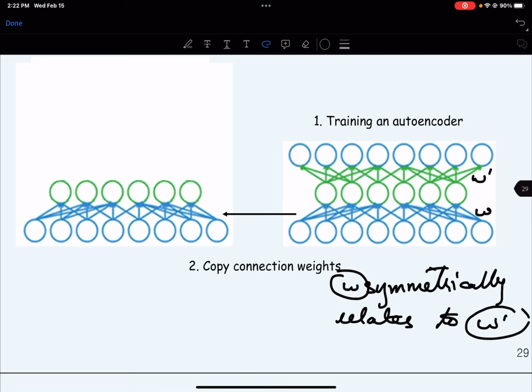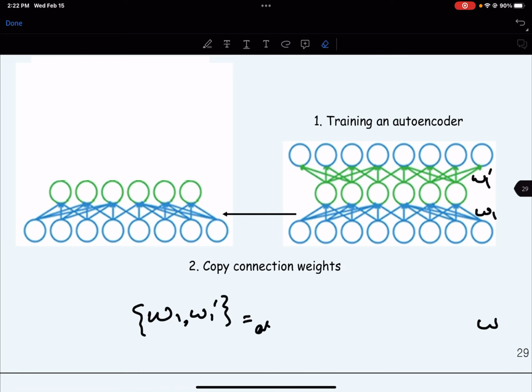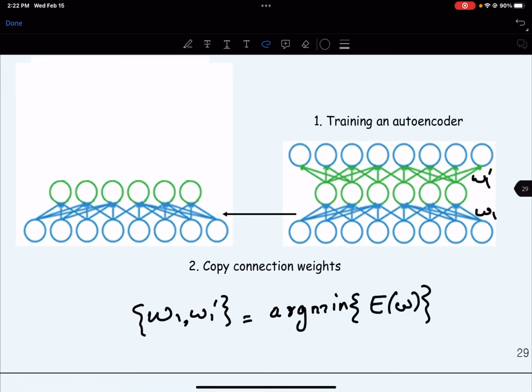And here, this is W1, this is W1 dash, and we have these weights, and we are trying to minimize our error function, which is a function of W and W dash.